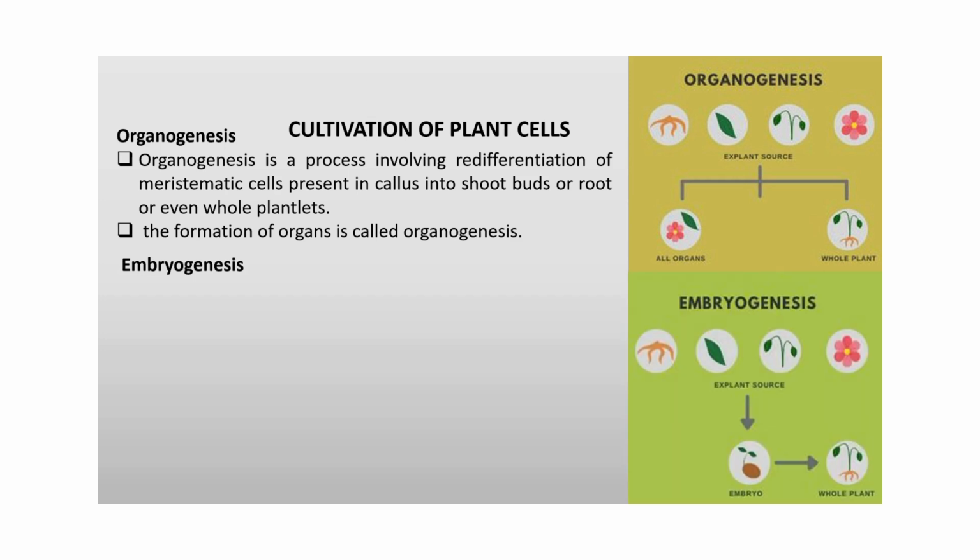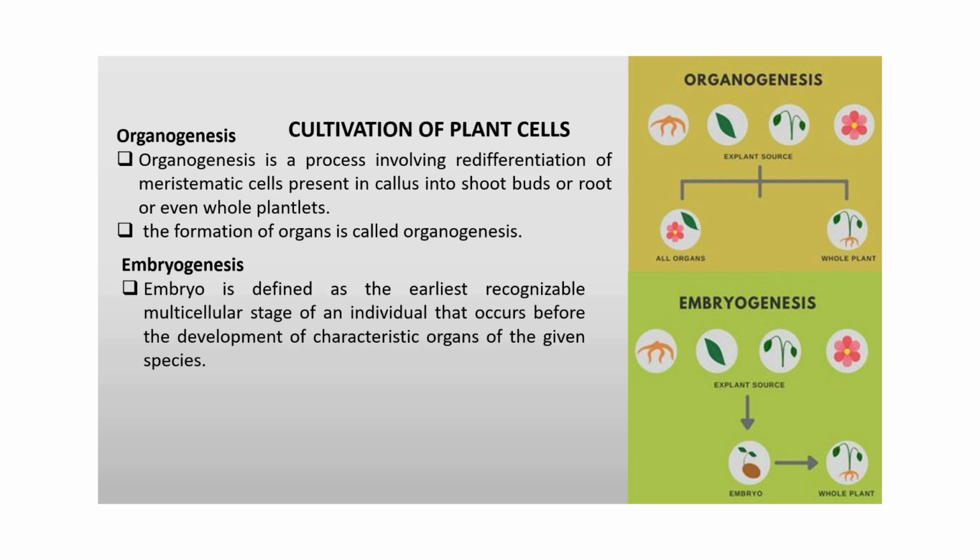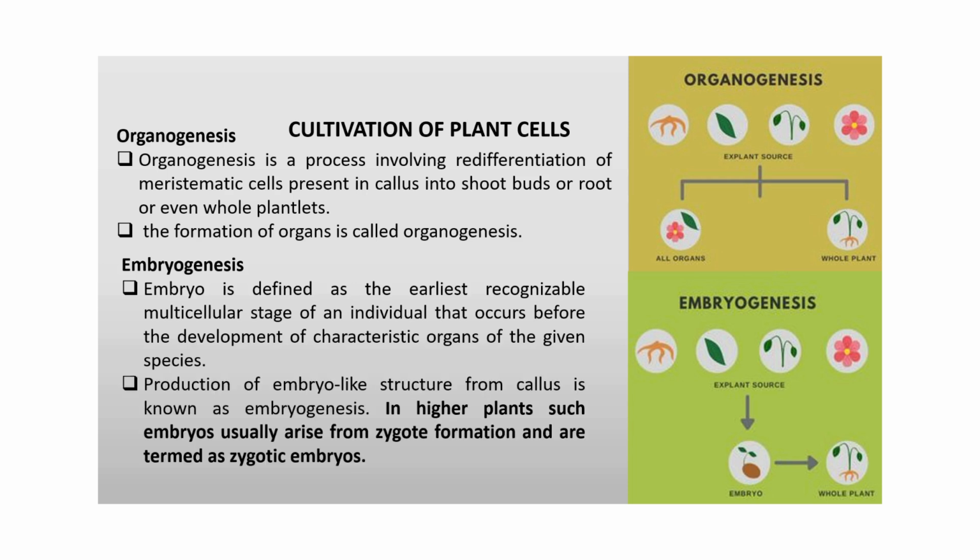Embryogenesis: embryo from the same explants. An embryo can be developed into a whole plant. An embryo is defined as the earliest recognizable multicellular stage of an individual that occurs before the development of characteristic organs of the given species.